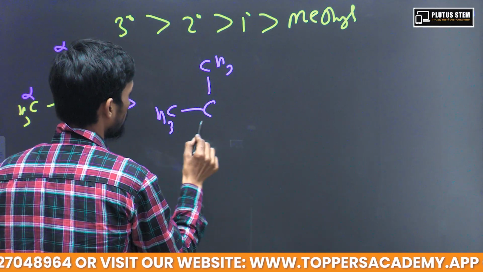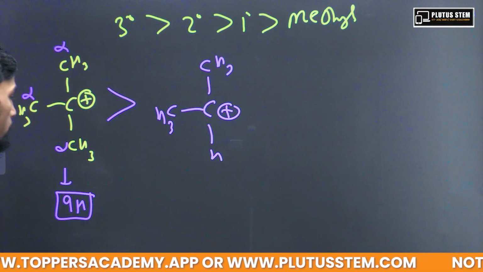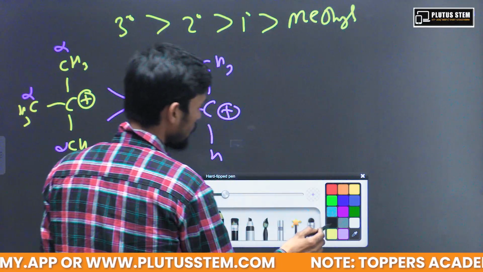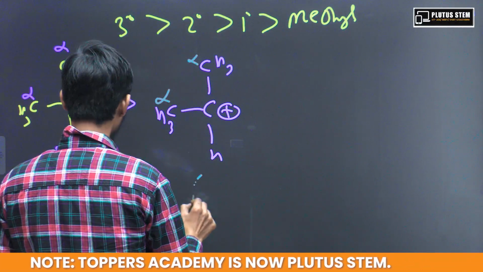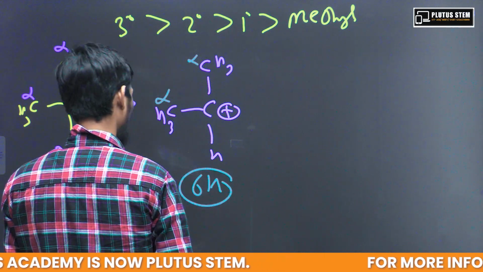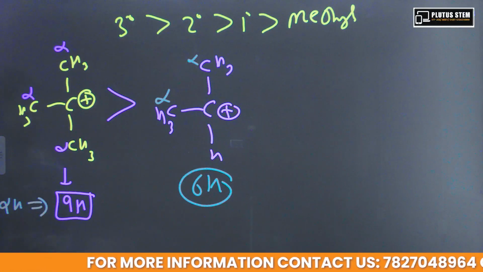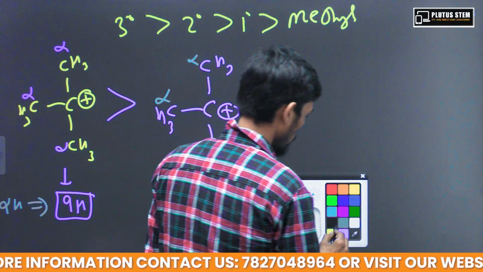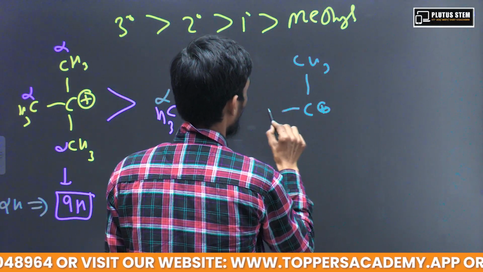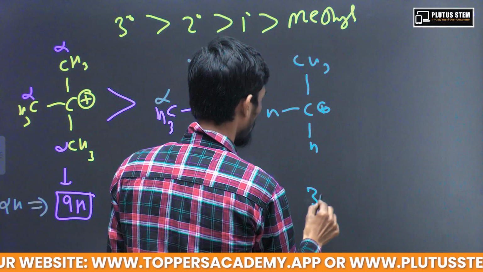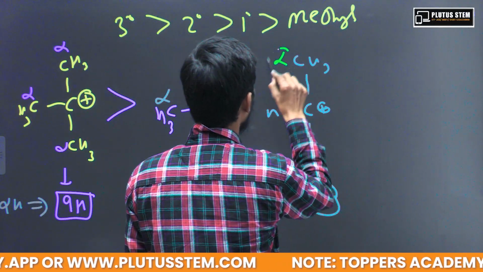secondary. In the secondary, there are 2 alpha positions and 6 alpha hydrogen. 2 alpha carbon and 6 alpha hydrogen. And for this, 3 alpha hydrogen present at alpha carbon.